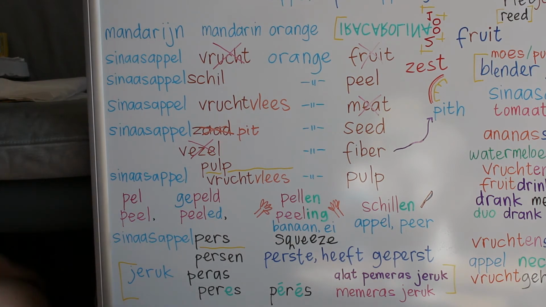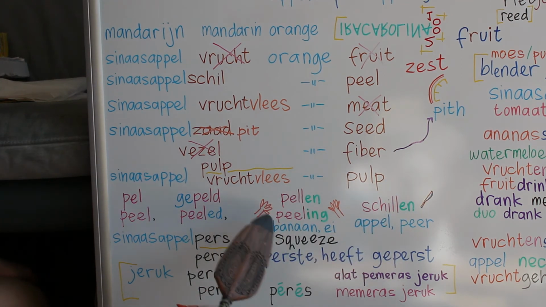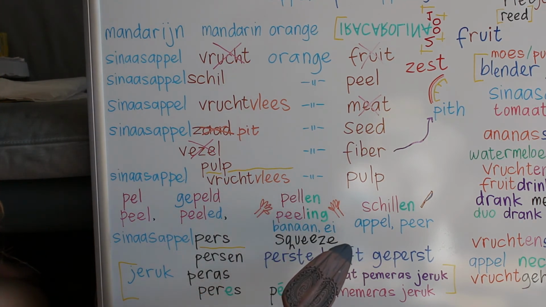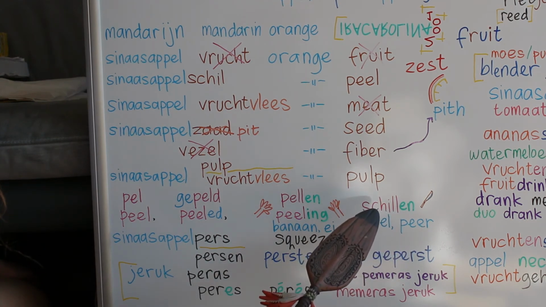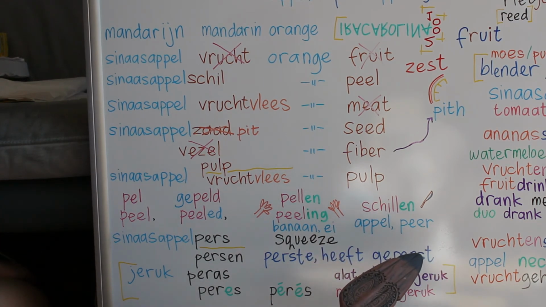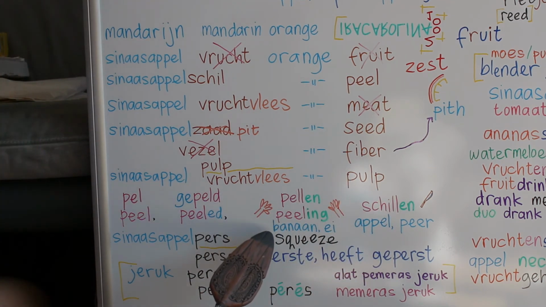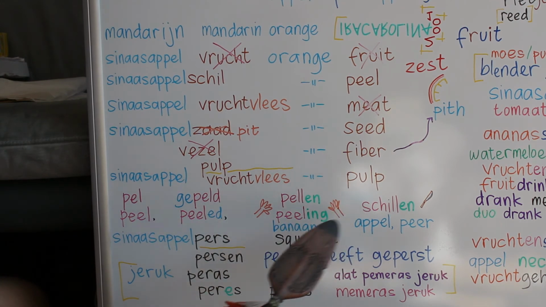And we have peeling with hand or with knife. With hand, you call it pellen. With knife, you call it schillen. For example, with hand, peeling for banana, banaan, or egg, ei.